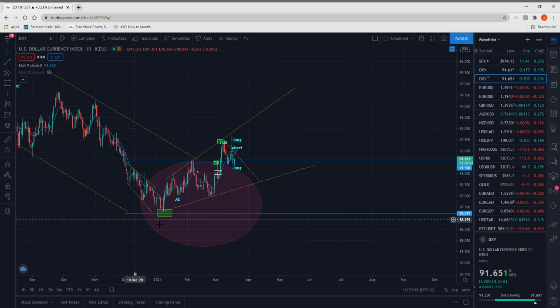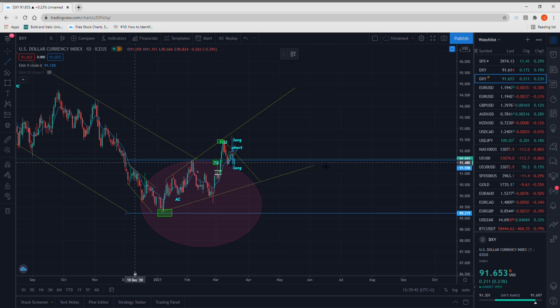It bounced back up here, formed a support here, came back down. I found a retracement here, came back up, stopped here. So I drew my technical analysis, and I see it in a kind of short cycle of a bull trend.